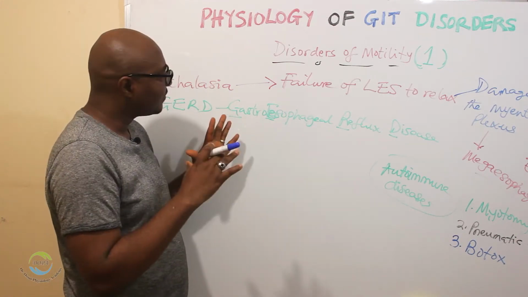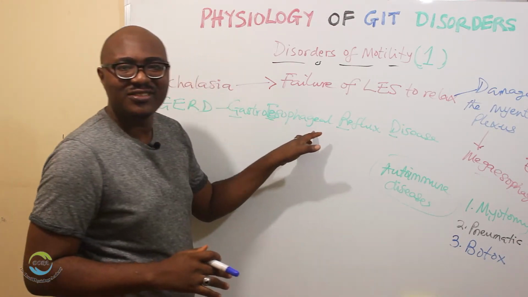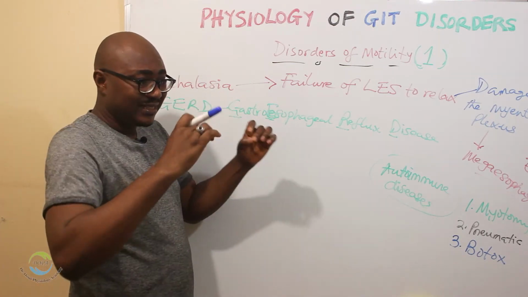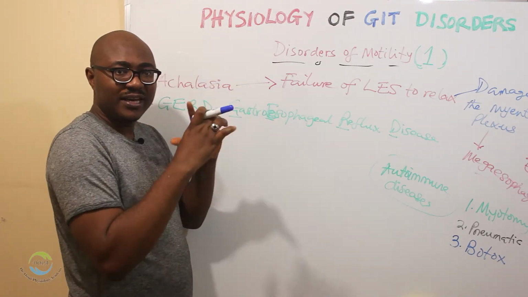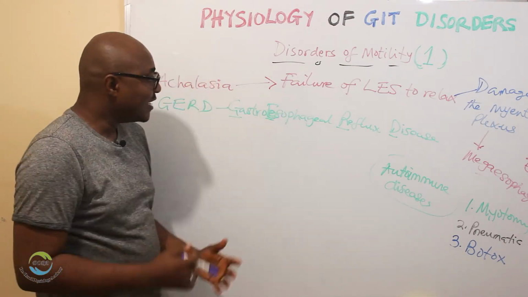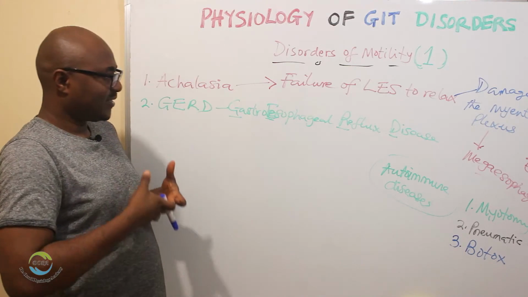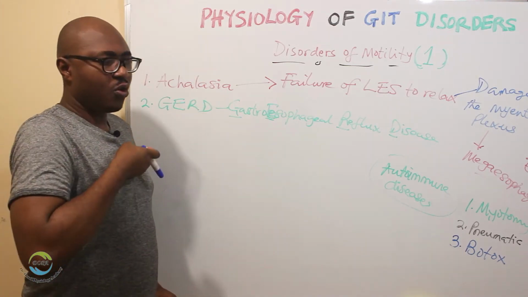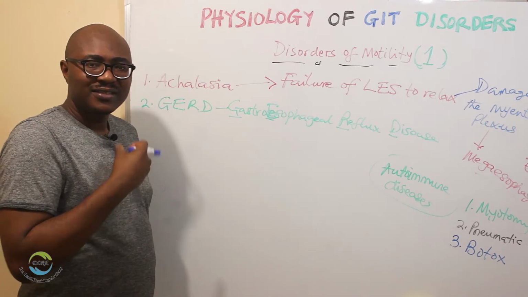But the esophagus does not have those protective mechanisms, the mucus and the tight junctions that protect it. So when there is reflux, stomach contents go up to the esophagus.